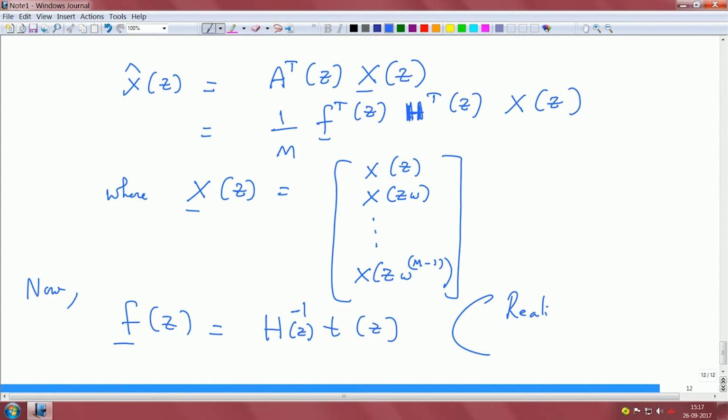You may question, now I want to get F of z, that means H has to be invertible, right. It is realizable if H inverse exists, right, otherwise we have difficulties.